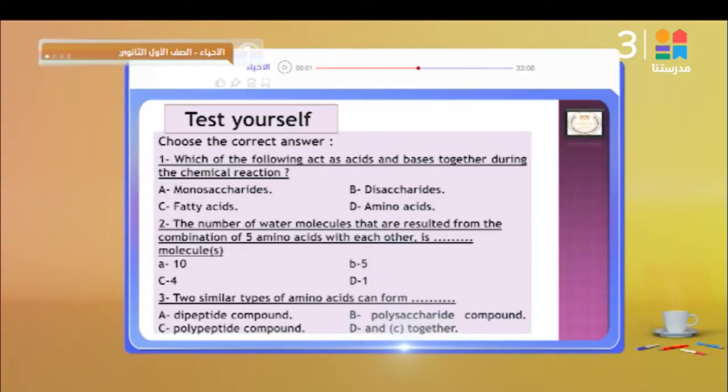First, dipeptide compound: amino acid plus amino acid, maybe right. Polysaccharide is not related to amino acids; it is very unlikely for us. C, polypeptide compound: amino acid plus amino acid plus amino acids, maybe. Take it into consideration. D, A and C, is the right answer. Why? Because the dipeptide bond is possible and the polypeptide compound is possible. So the best answer is A and C.